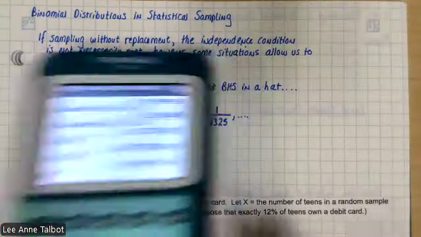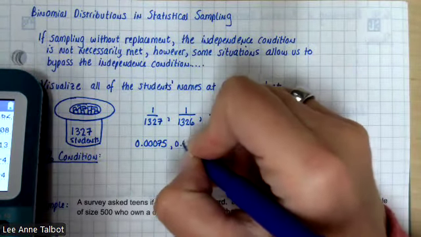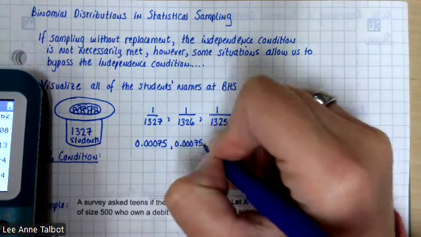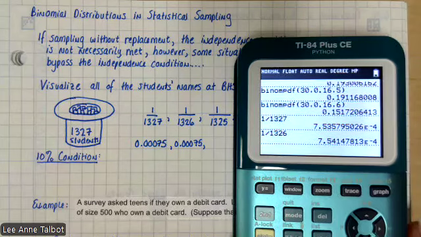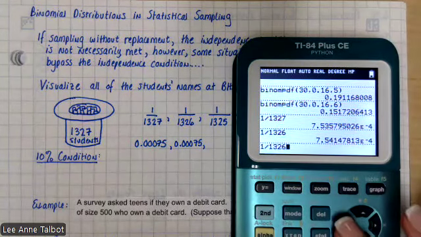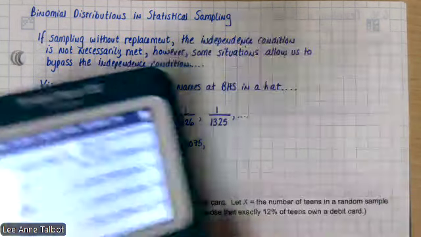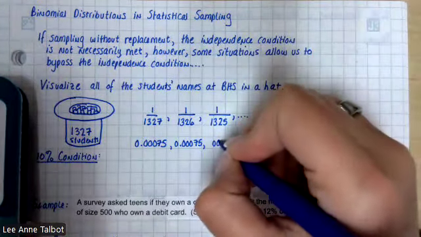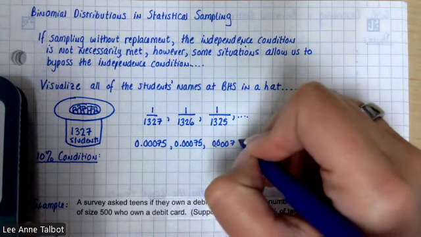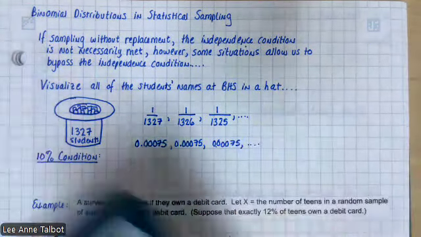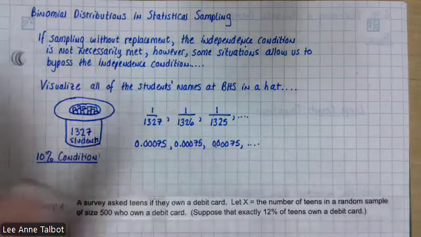And this is, if you round it, 0.00075. And this is, just take a wild stab, 0.00075.